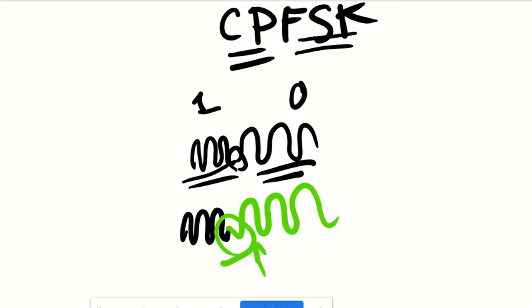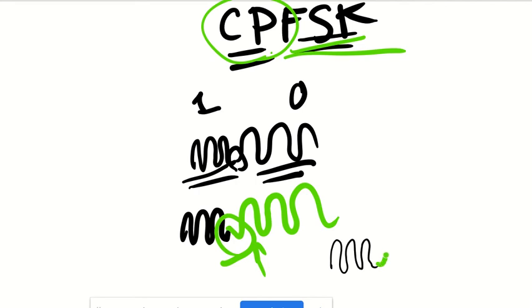So this new technique on top of FSK is called continuous phase. They want to get rid of these glitches with this method. They want their signal to be coherent. It's very important to have a smooth transition from your 1, for example, to 0, right? You don't want any glitches like this. That's where CPFSK comes from.